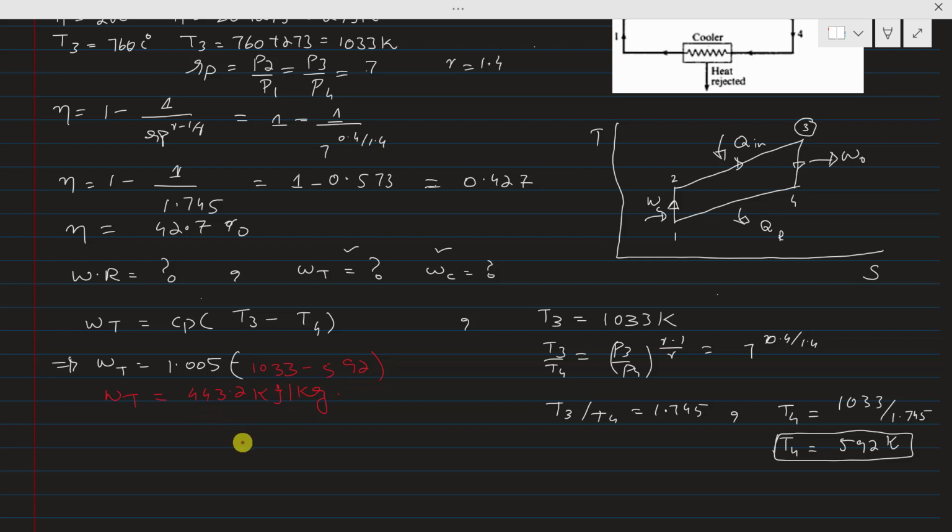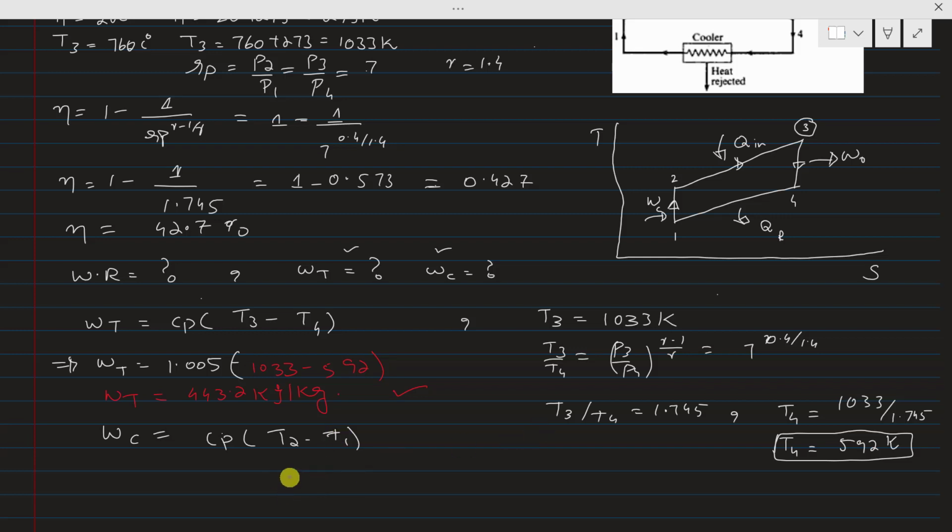Okay, so next is to find the work required to run the compressor, that is Wc, and that is equal to Cp times the temperature difference T2 minus T1.